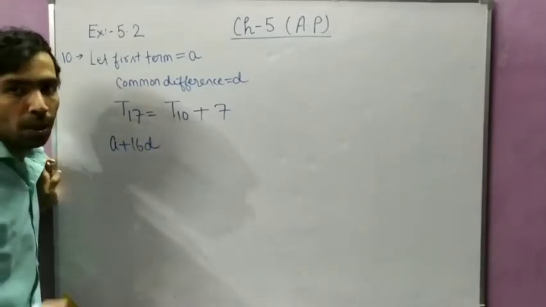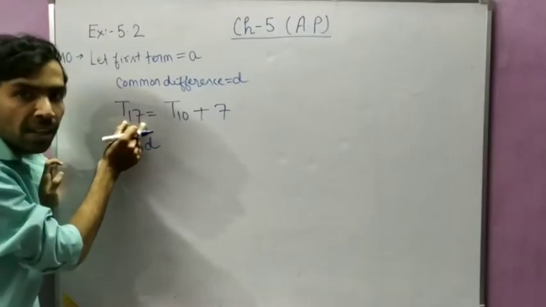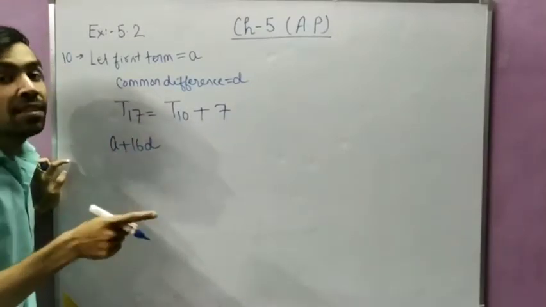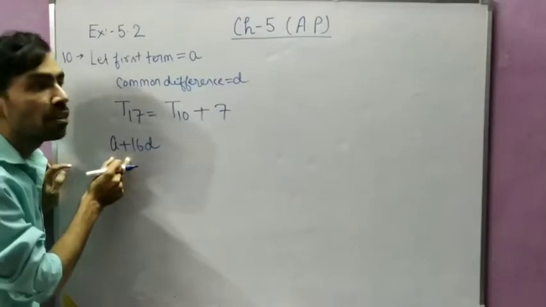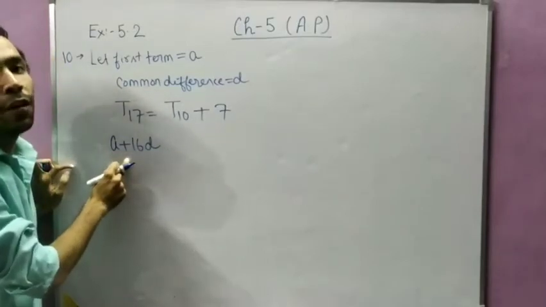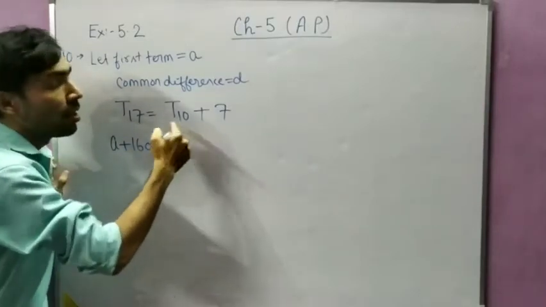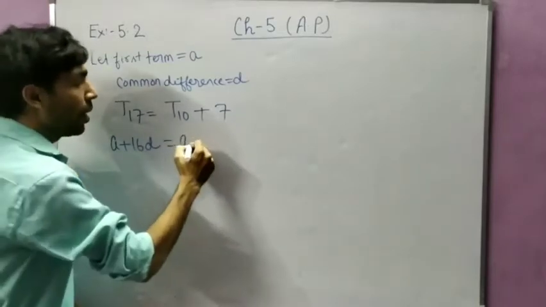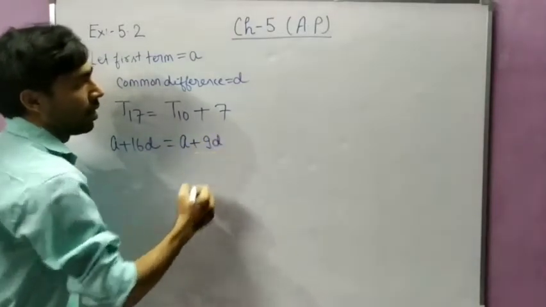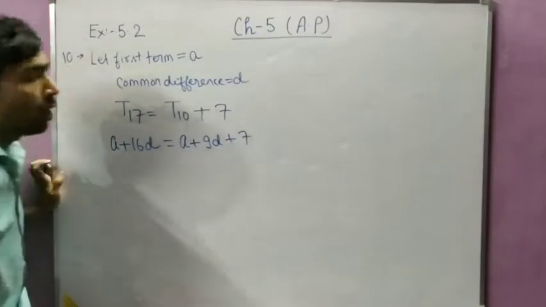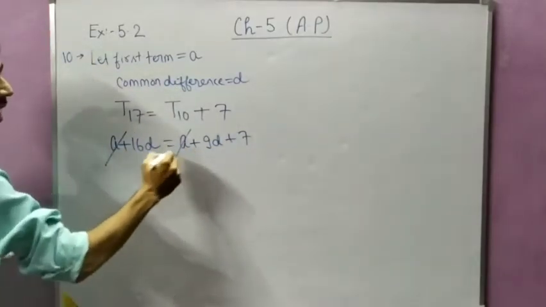Now the 17th term can be written as A plus 16D. I told you, 17 is there, so 1 less than 17 means you add 16D to the first term, so that you get the value of the 17th term. Similarly, the 10th term will be A plus 9D, and plus 7. Now students, A and A cancel, na?